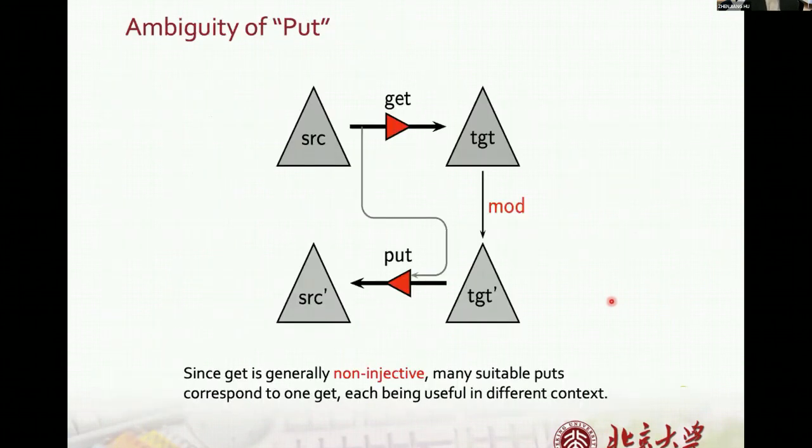But the problem here is the ambiguity of put. As I just mentioned, get is usually non-injective. Non-injective means a lot of information gets lost going from the source to the target.